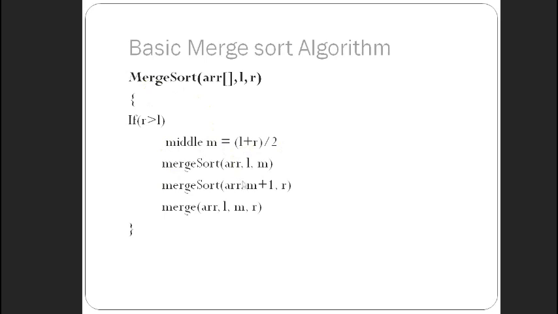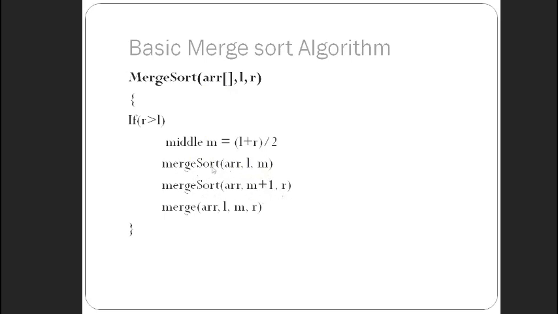But in that case we are calling it not for L to R but for L to M. That means as we have taken the value of M, we'll divide this data into two parts: from the starting index up to the middle value, and then from the next element after the middle up to the last element.